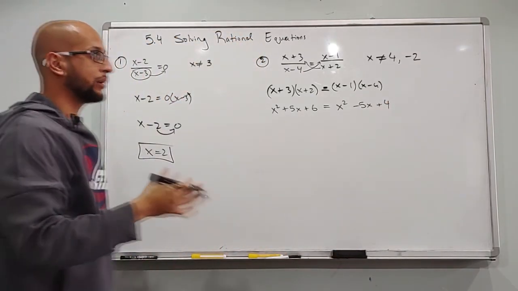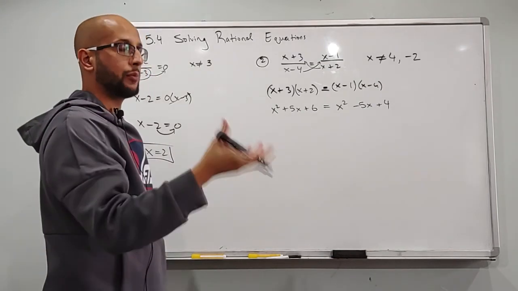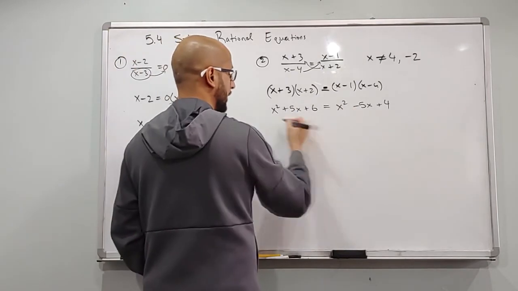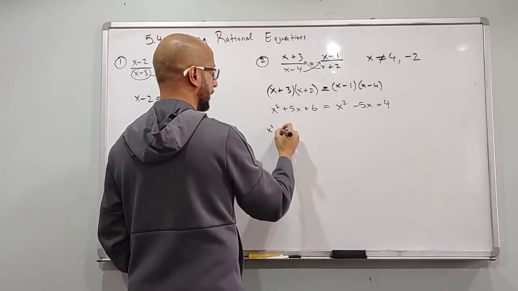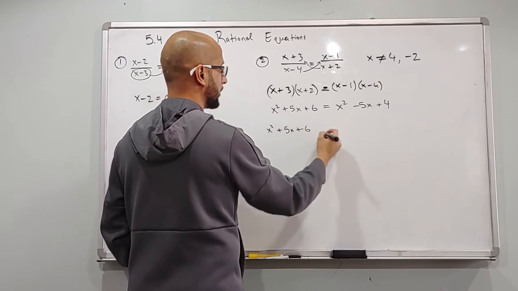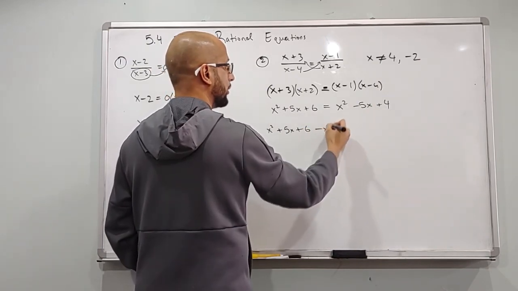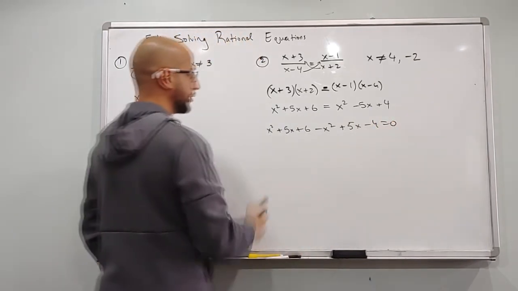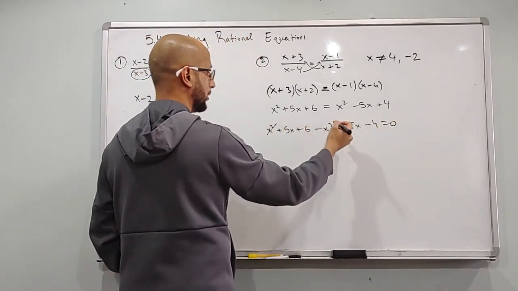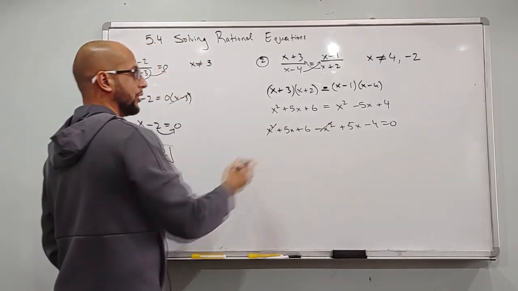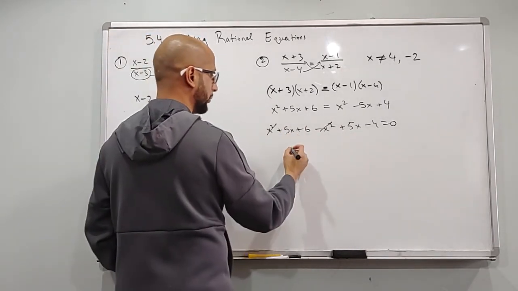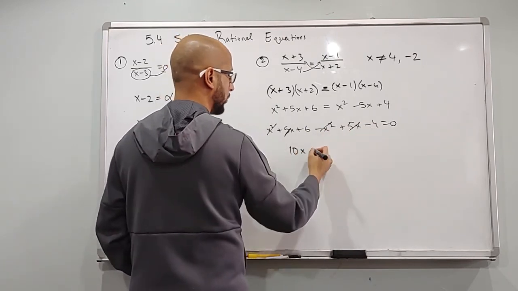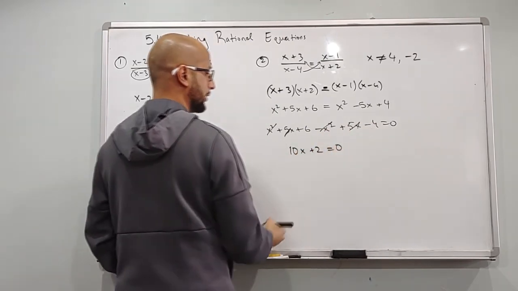The next step is to combine all your like terms and put them all onto one side equal to 0. So let's take everything to one side: x squared plus 5x plus 6, and then bring all of these over, minus (x squared minus 5x plus 4), is equal to 0. x squared minus x squared is gone. 5x plus 5x will be 10x, and then 6 minus 4 will be 2, and that's equal to 0.